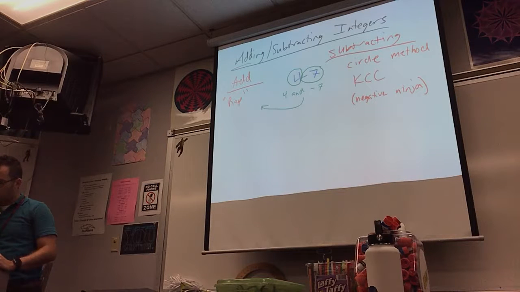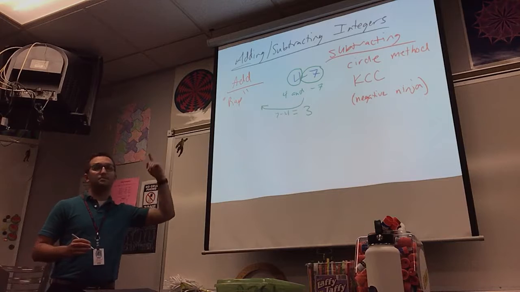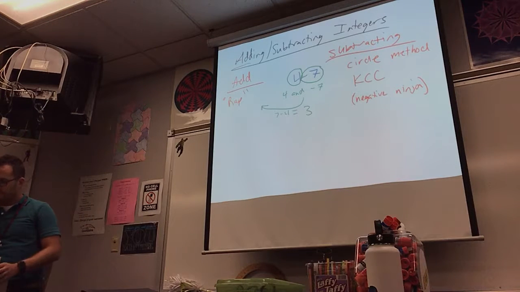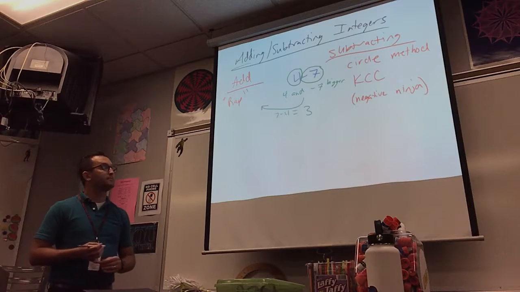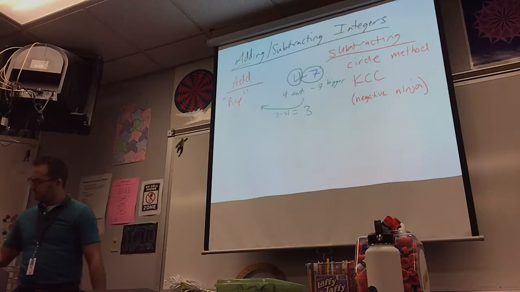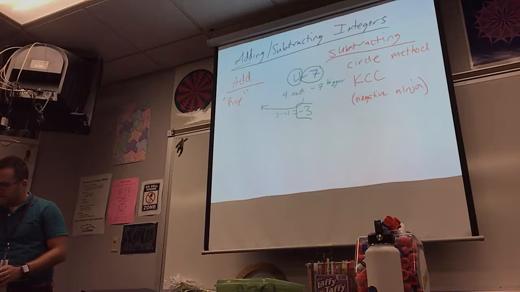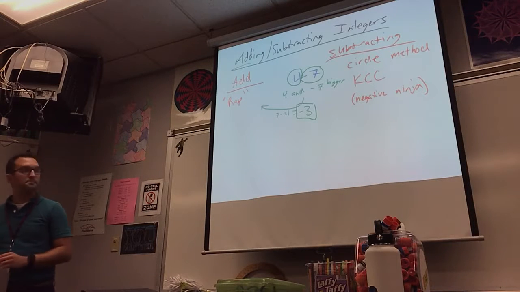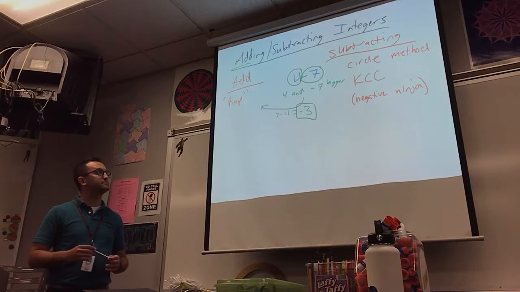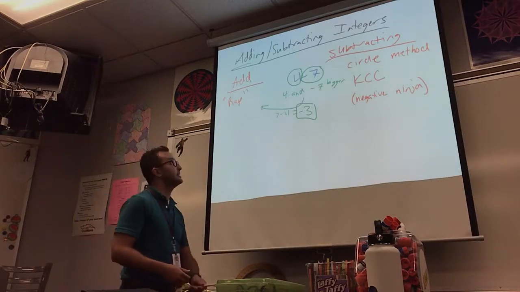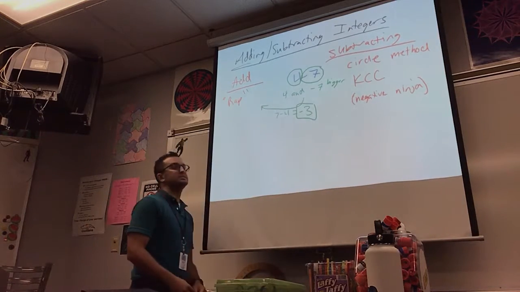So we do 7 minus 4, and we get 3. Keep the sign of the bigger one. Negative 7 is bigger, so our answer is negative 3. So 4 minus 7 is negative 3.